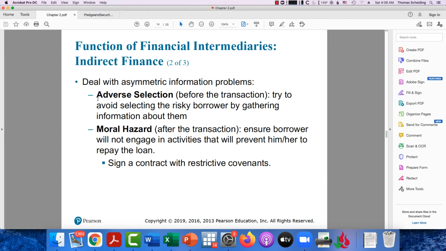In this case, in indirect finance, a mutual fund, if it was buying a bond, would want to make sure that what it said it was being used for, that it's actually being used for that, that the finances are appropriate.